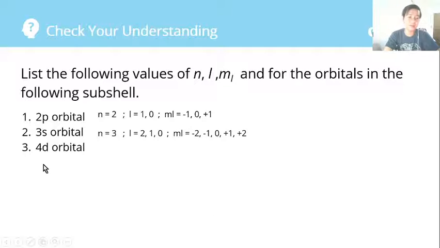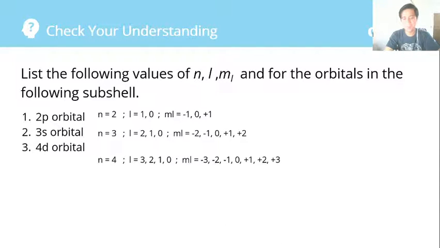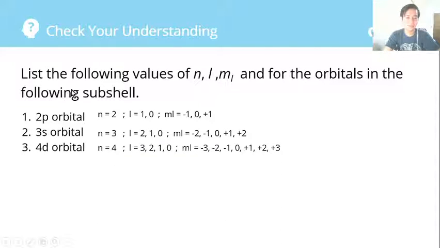So lastly, for the 4f orbital. Can you do it on your end? Try. Okay, done. What's the answer for n, for L, and for M sub L? Okay, so n would be equal to 4. Why? Because the principal quantum number is 4.